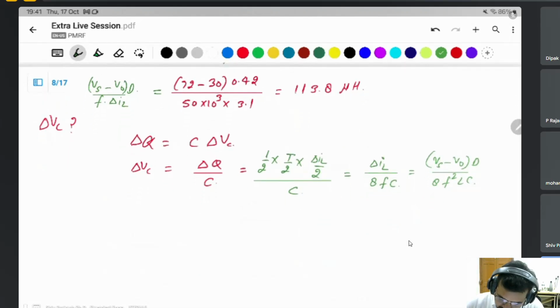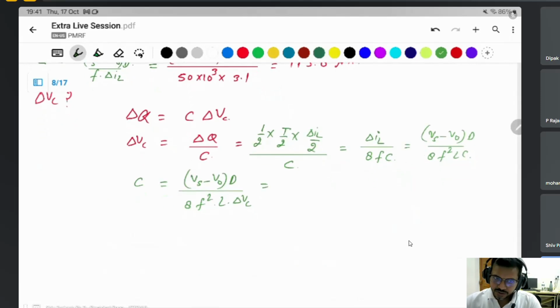If you want to calculate the value of capacitor C, then this will be (Vs minus V naught) D divided by 8 F square into L into delta Vc.